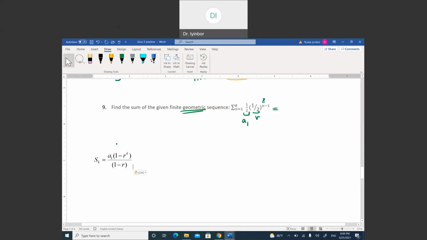So if I use this formula, I'm going to get A1 is 1/2, and then you have 1 minus the common ratio, which is also 1/2, with exponent 8, and everything over 1 minus 1/2.